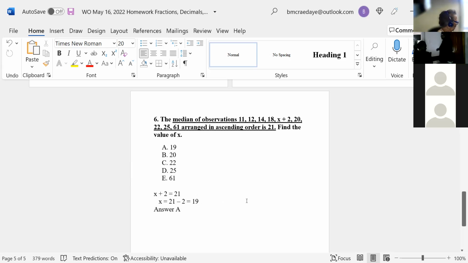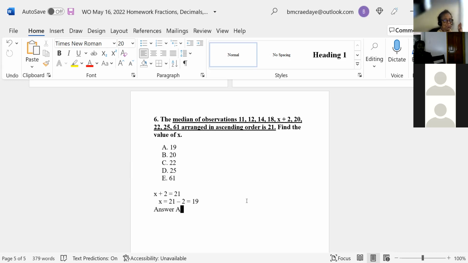The focus was on the 21 because they gave you the median. The median is in the middle, but it's X plus 2. So you set X plus 2 equal to 21 and solve for X.